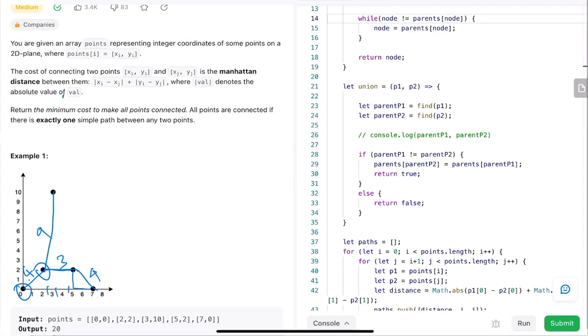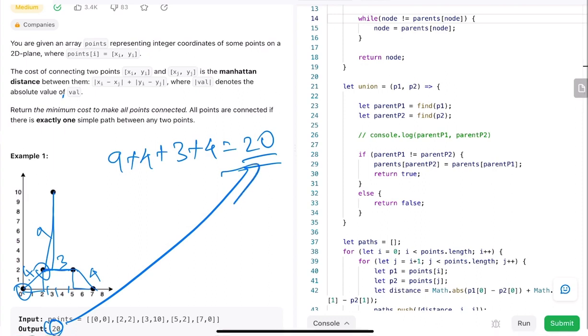Yes, this is 4, this is 2. This is 2, 4, and from here it's 2, 1, and all the way up, which is 8. 1 plus 8 is 9. Then 9 plus 4 plus 3 plus 4 is 20. This is the answer. That's how we have to solve this problem.